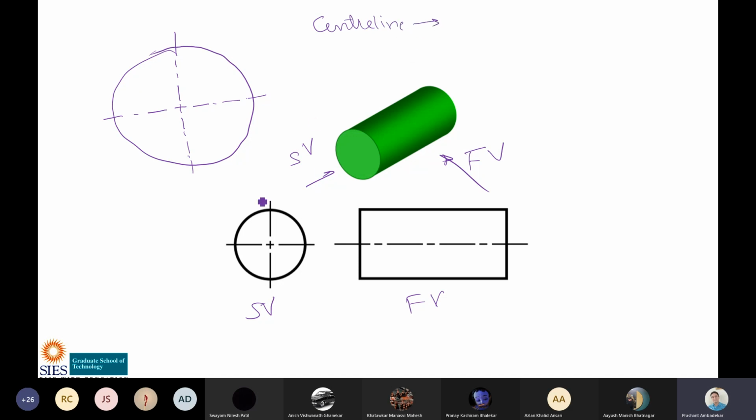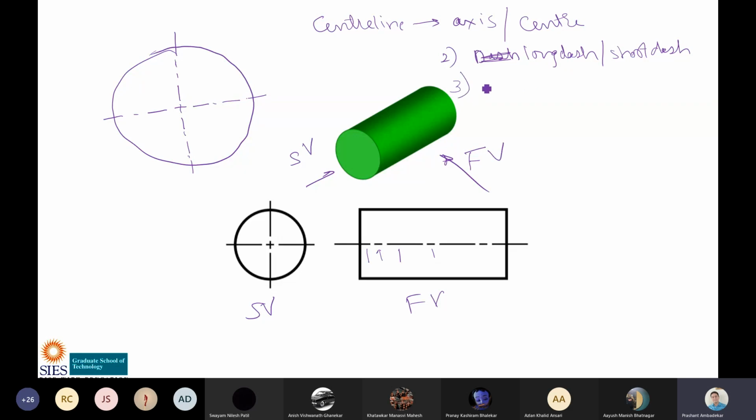A center line is used to represent the center of the circle or the axis. Second, it is not just a dash, it is a long dash and short dash line. Long dash, short dash, alternate long and short dash. It is always an alternate long and short dash line.